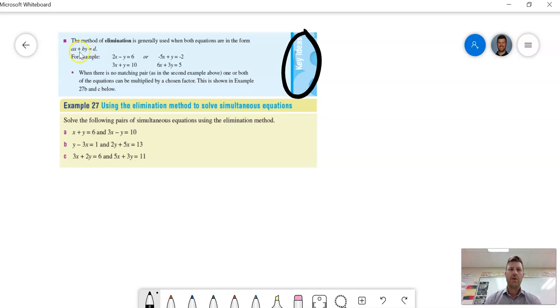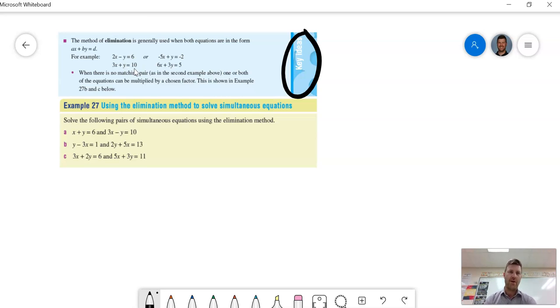So you've got the two variables on one side of the equation, that being x and y, and that is in both of the equations. Remember when we started talking about simultaneous equations, it was looking for a point of intersection. We know that this equation, 2x take y equals 6 and 3x plus y equals 10, is a linear equation.